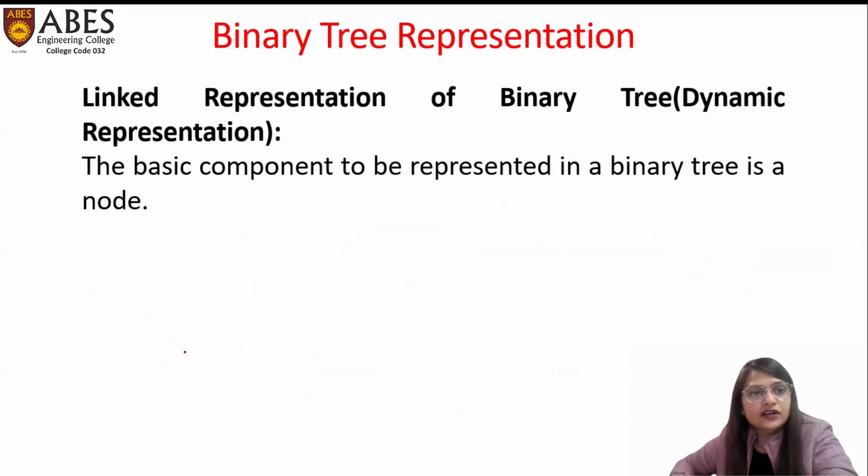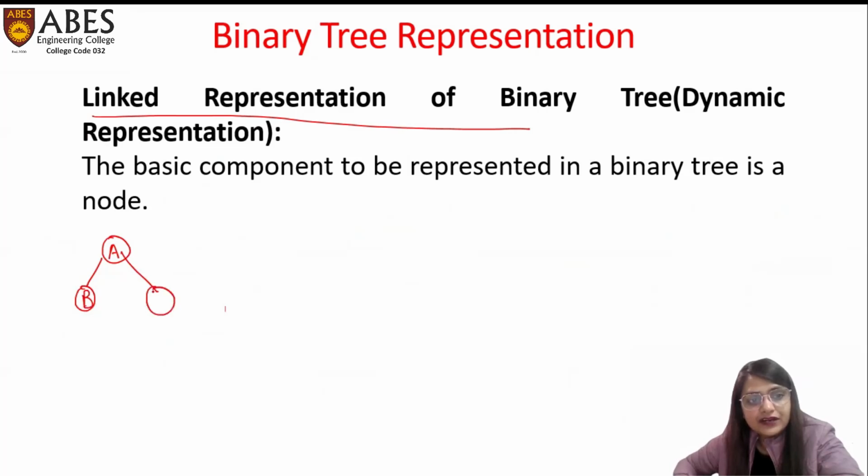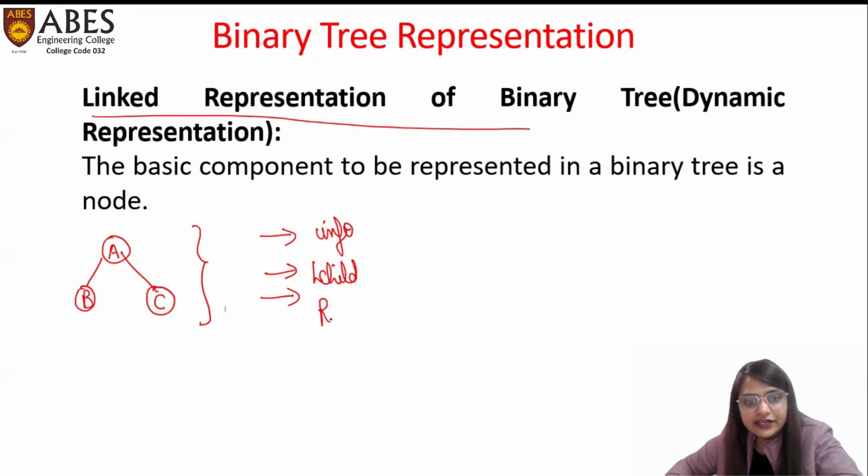Now let us move forward to the second representation, which is the linked list representation of a binary tree. For a linked list representation, if I want to store the information of a binary tree, there are three components which have to be stored: info, left child, and right child.